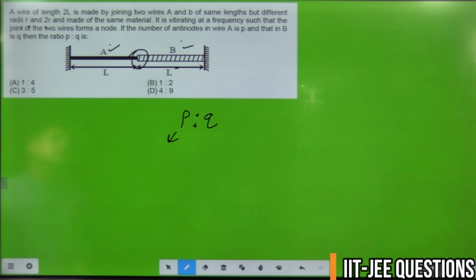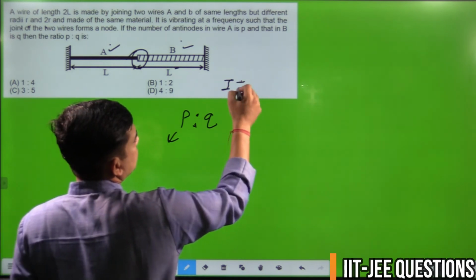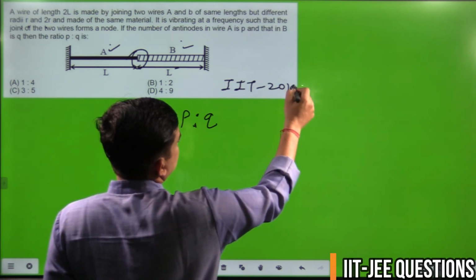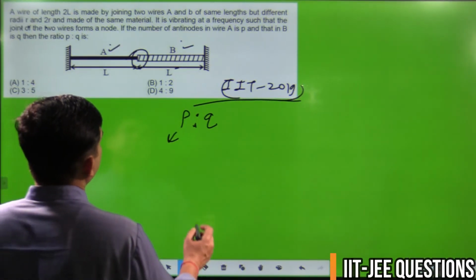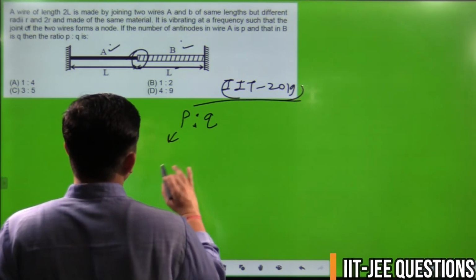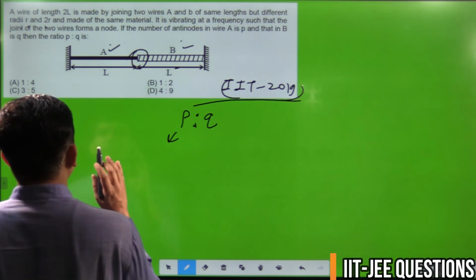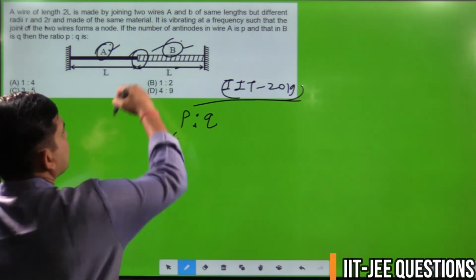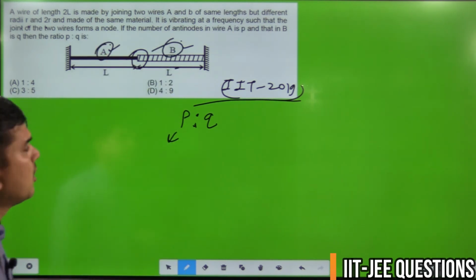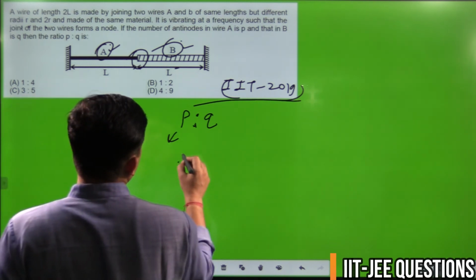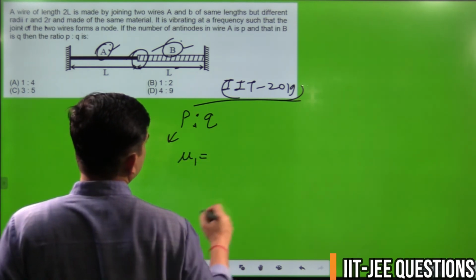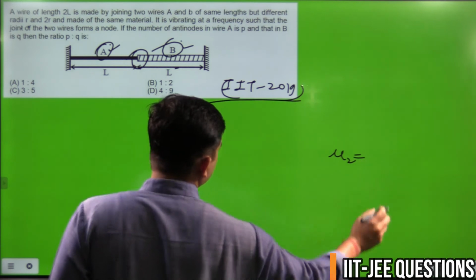Again, question 19. As we know that the material is the same, it means the density is the same. The mass per unit length of wires A and B will be mu1 and mu2.